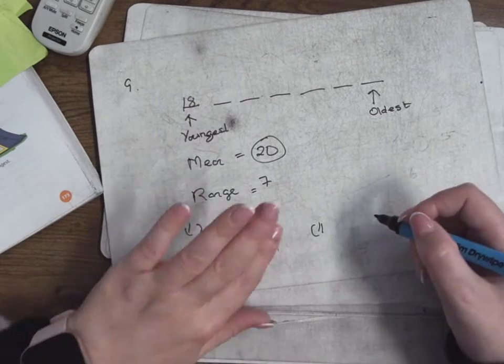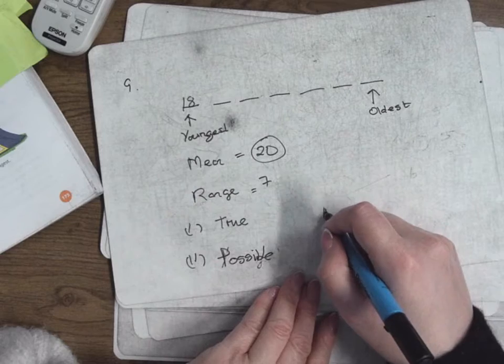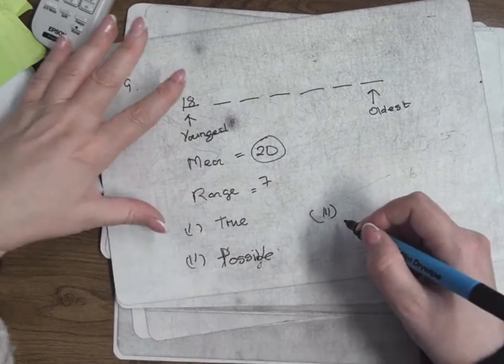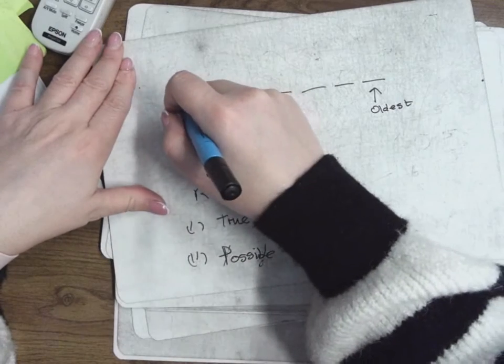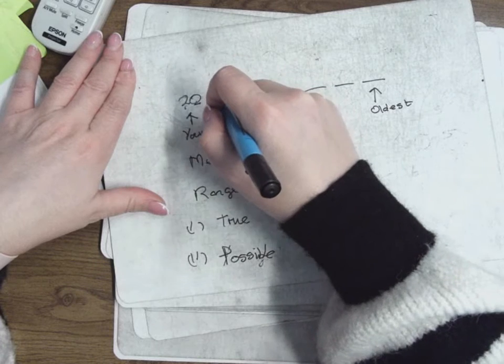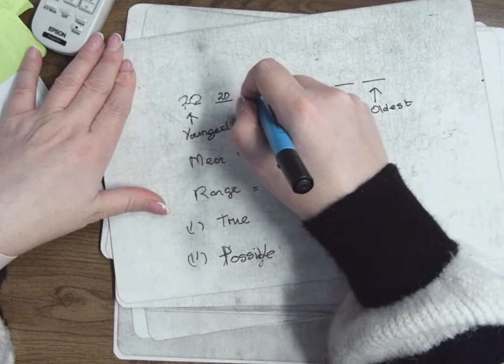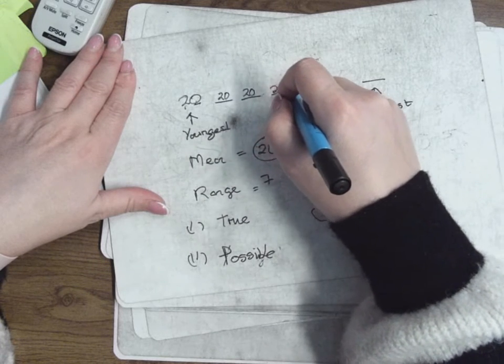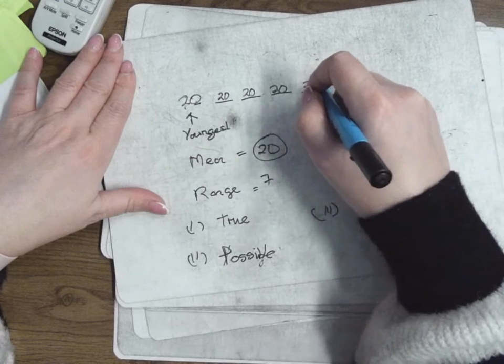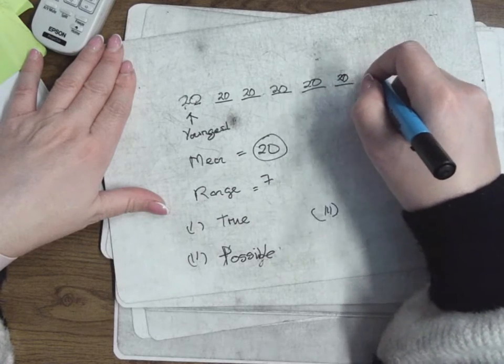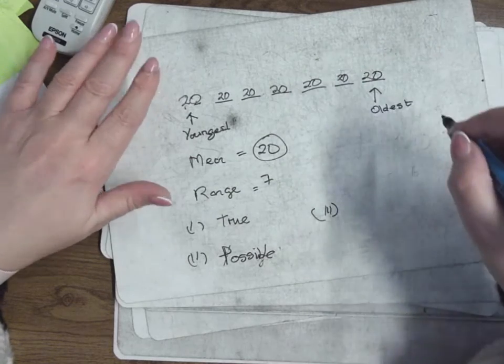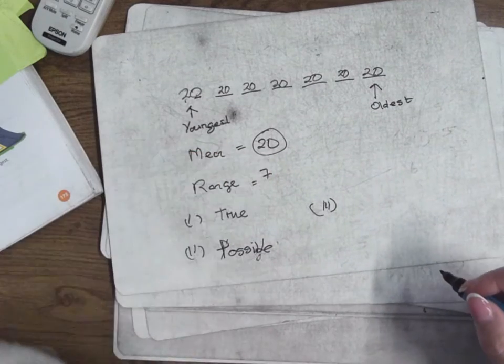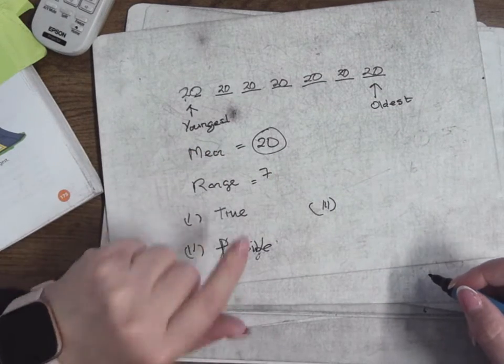Right, and part 3, every person in the tent was 20 years old, right? So 20, every single person was 20. So if you add them up and divide by 7, you do get 20. It's a range 7 though.